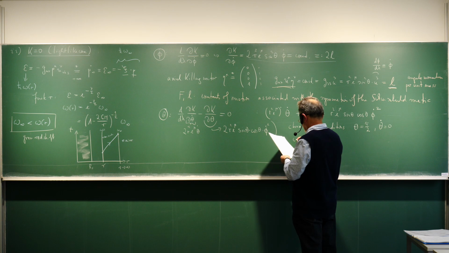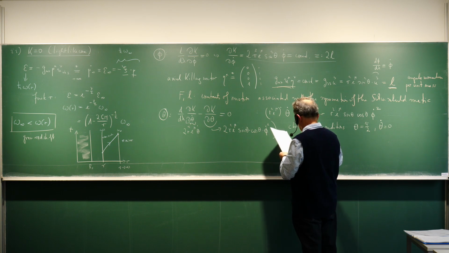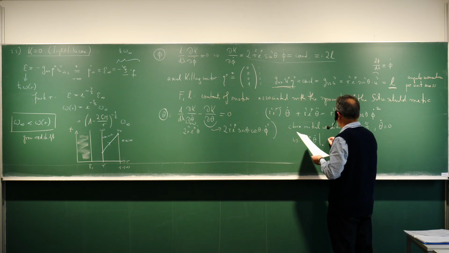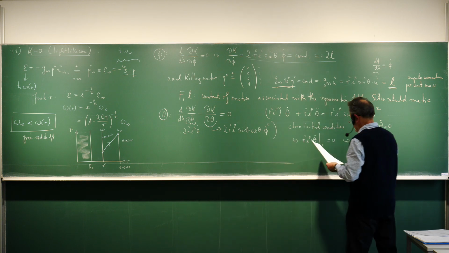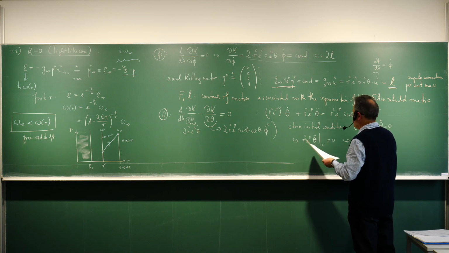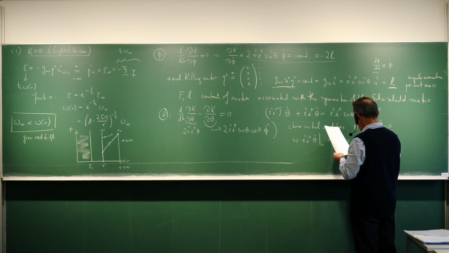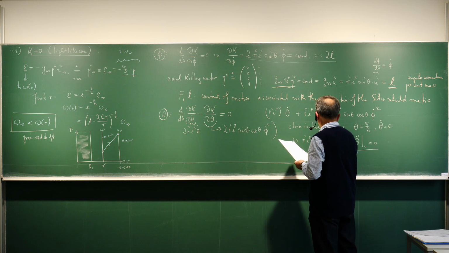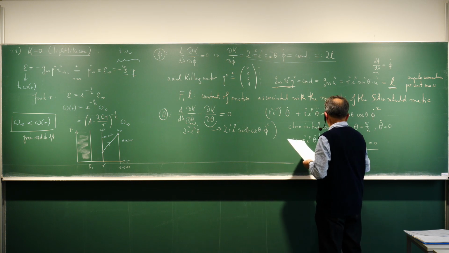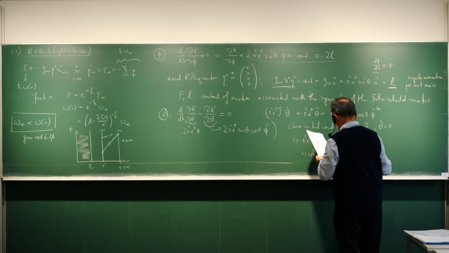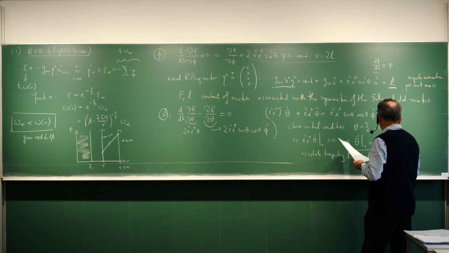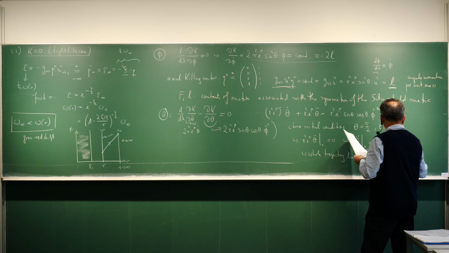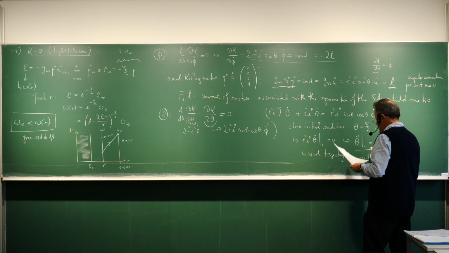So then we have here that r squared e to the mu theta double dot at the initial time 0 is 0, and from this we have that theta double dot, because this prefactor is non-negative, is initially 0, which means that the whole trajectory lies in the coordinate plane theta equals pi over 2, as in classical mechanics.